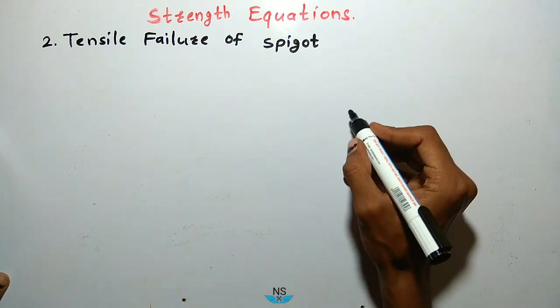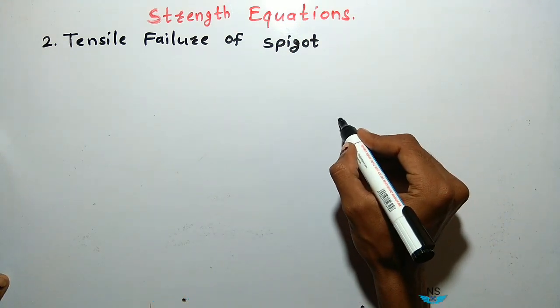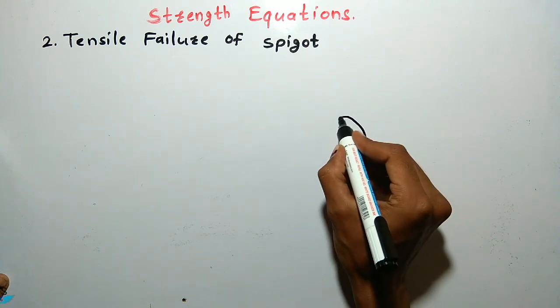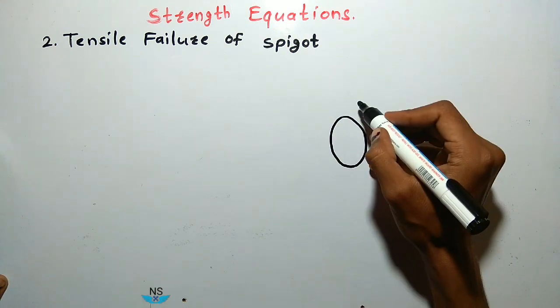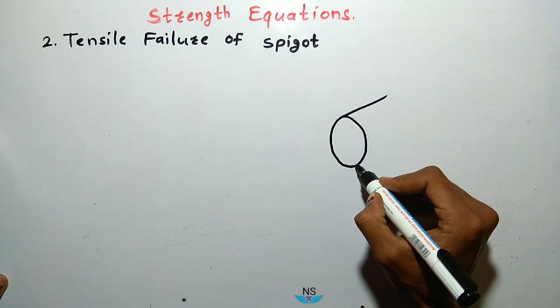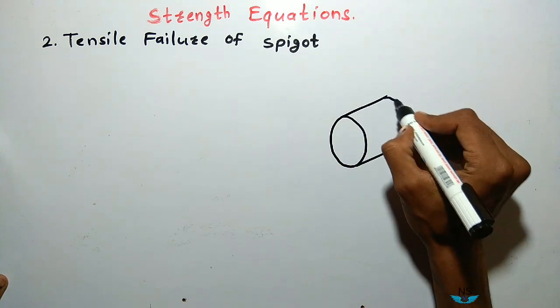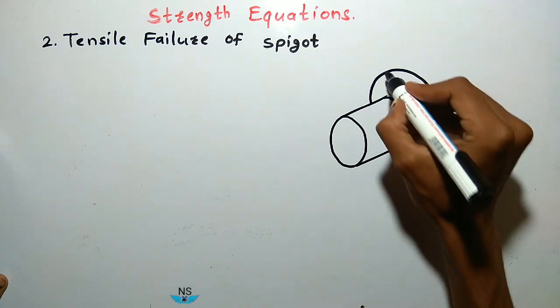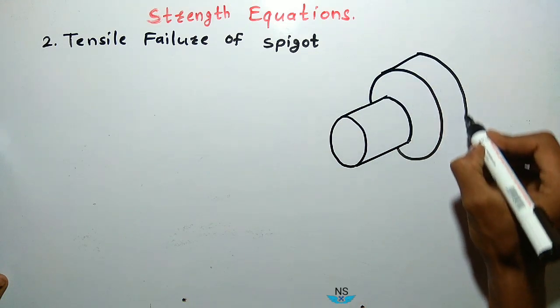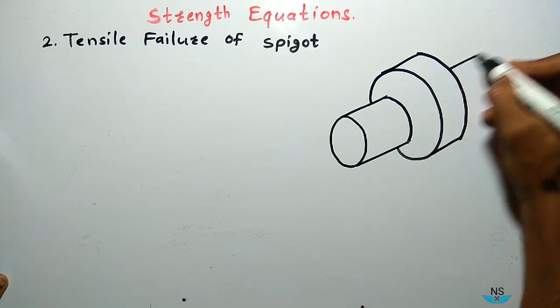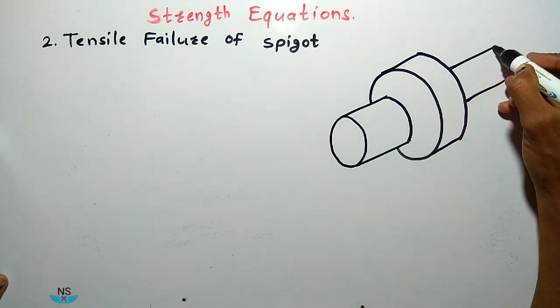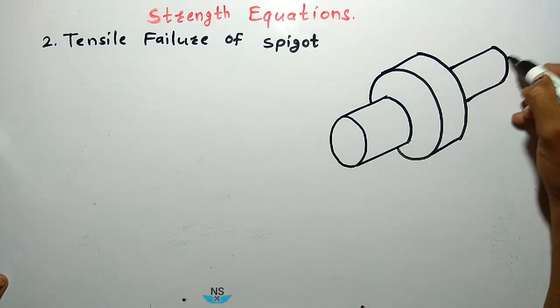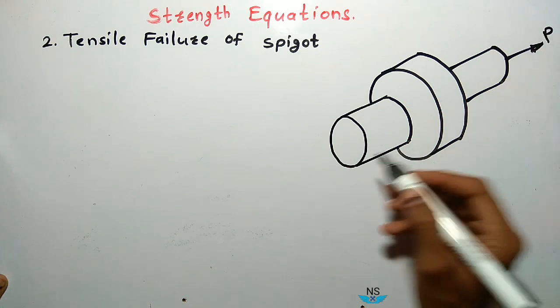So how? Let us see in the diagram. I'll draw here a 3D view of the cut section of spigot. This is the spigot collar. This is our rod. Force P is acting on this rod.